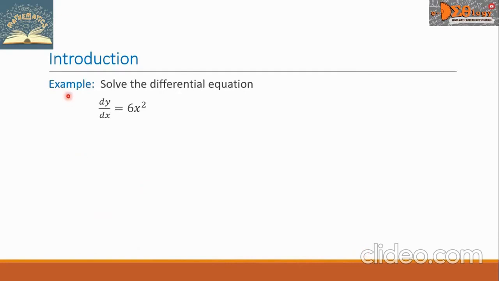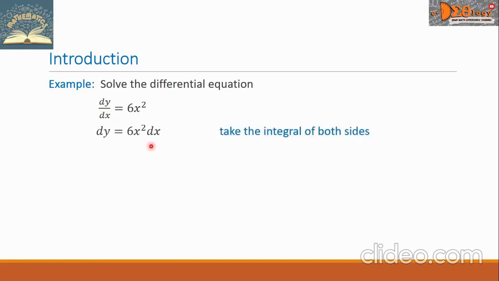Let's see this example. Solve the differential equation dy over dx equals 6x squared. Let us treat the dy over dx as a common fraction. Let us cross multiply dx to the right side. So we have now dy equals 6x squared dx.